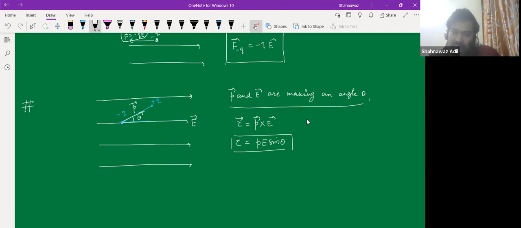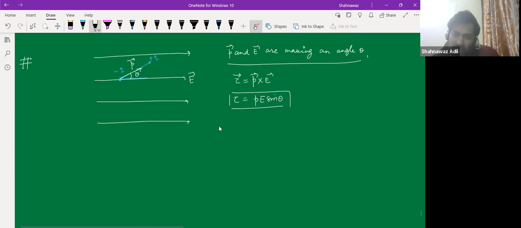And there were three cases. So the first case was theta equals 90. So for that case, torque was maximum. And then we have theta equals 0 degree. So torque is 0.